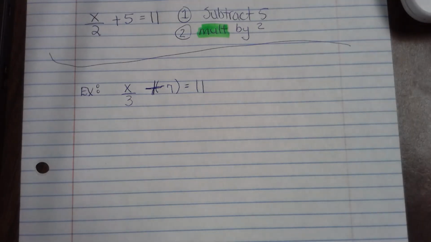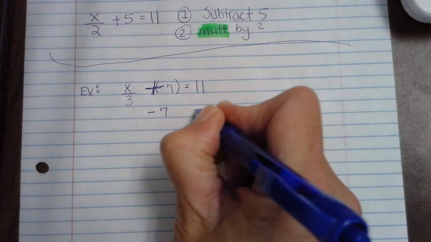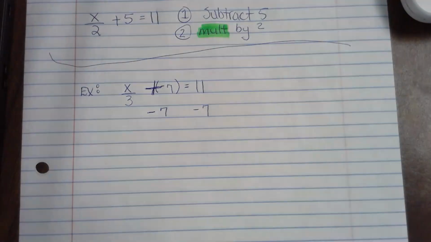Okay, so what is my first step, Jax? Remember, we do adding and subtracting first. Subtract 7 on both sides. You go. That is exactly what we're going to do. We're going to subtract 7 on both sides.